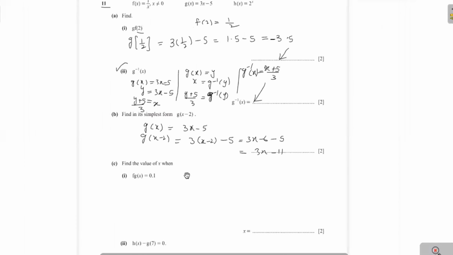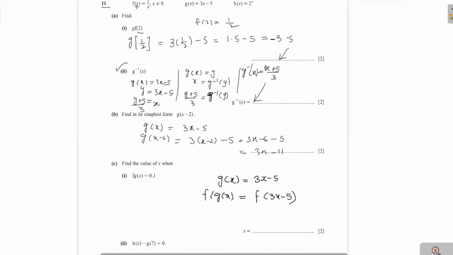Next is fg(x) equal to 0.1. Firstly, we write the function. There is g(x), and this function is 3x − 5. Next, f of g of x, we can write f(3x − 5).